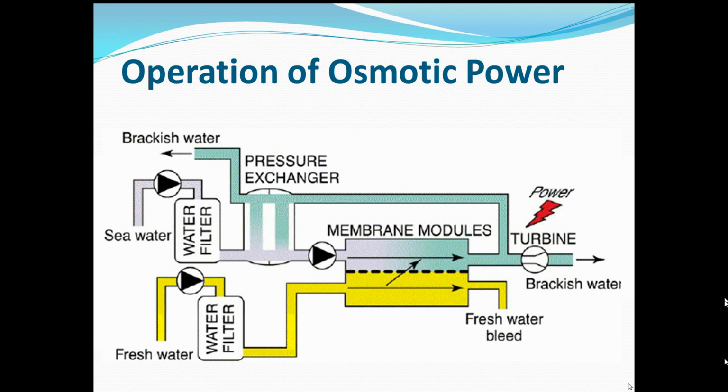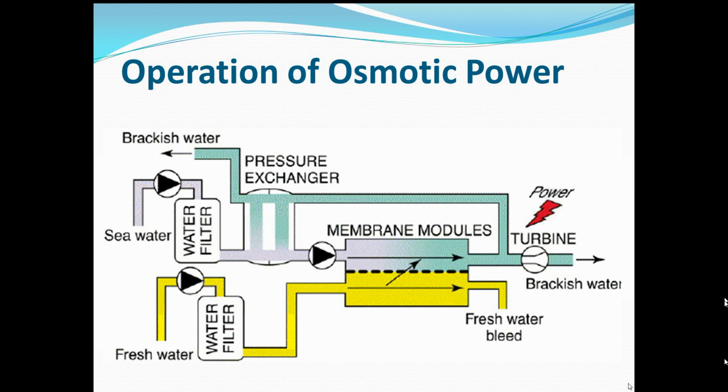So if the pressure of the seawater side is more than that of the freshwater side, then we can have a high pressurized stream of water flowing to the turbine blades, which can generate electricity. So for that matter, we pressurize the seawater that comes in from the water filter.